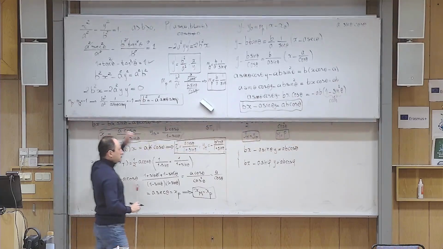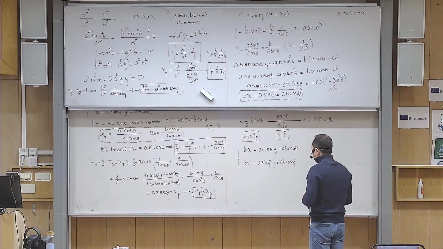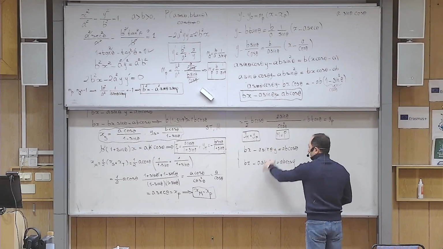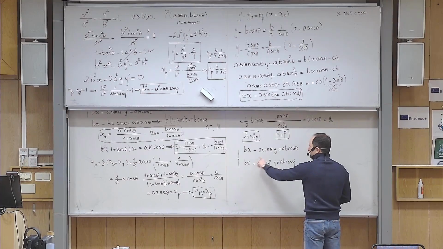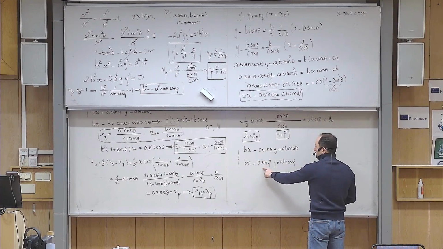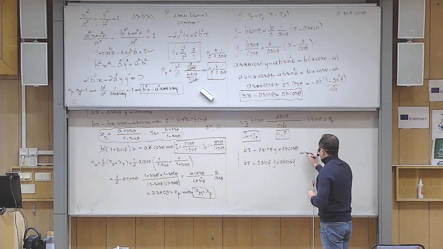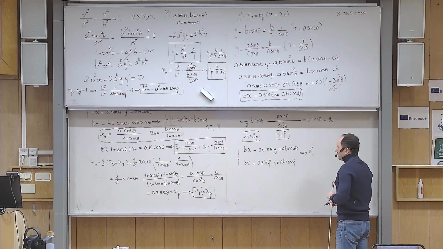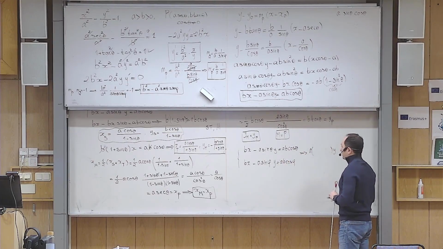I go back to my system and try to find x and y. To find, for example, y, I multiply the first one by minus sign and add it here. If I do that, minus bx cancels bx. I can factor a and y out. I take a out from the left and y out from the right.